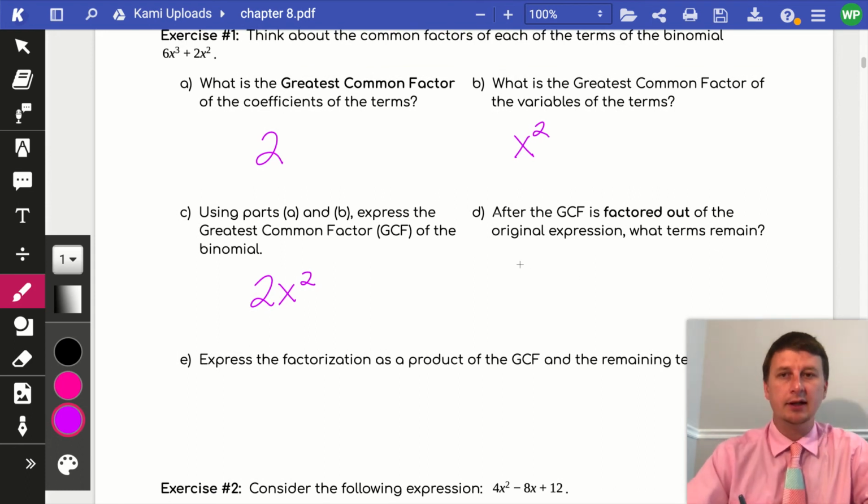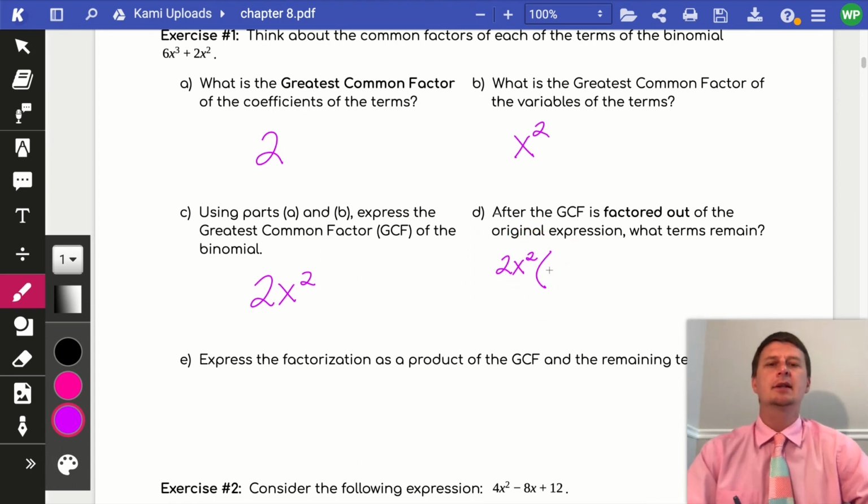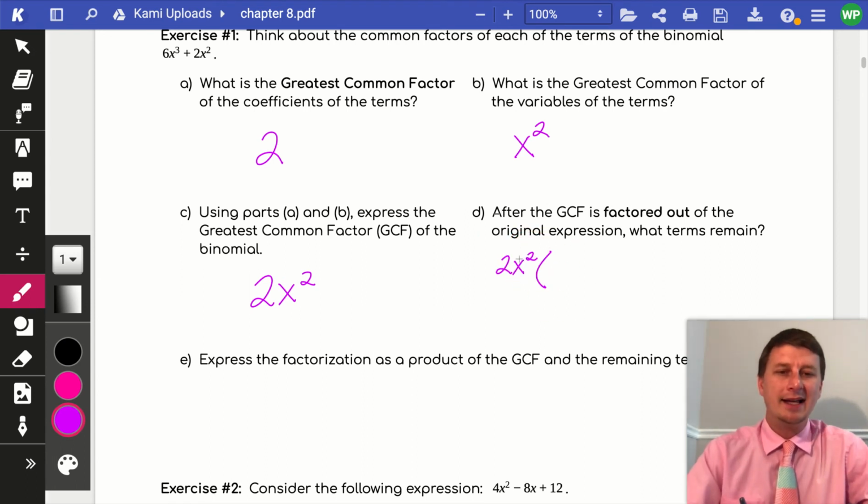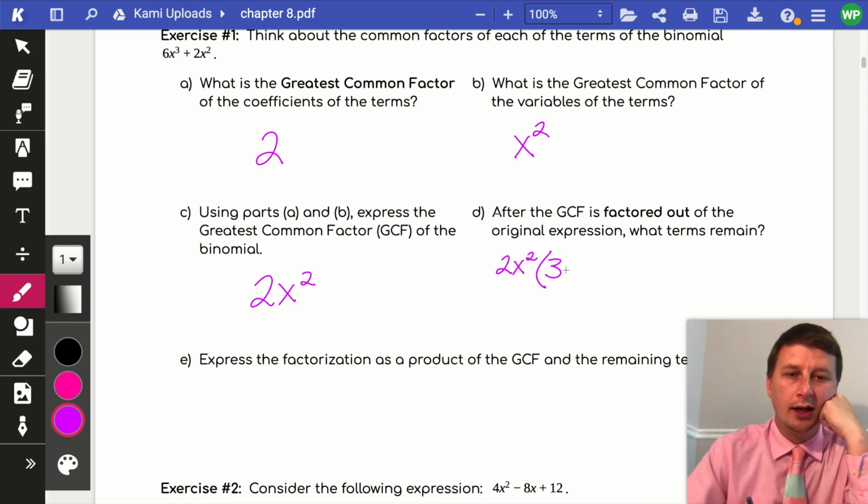And I like to look at it the way where I'm going to write 2x squared as my GCF outside a set of parentheses. And then I'm going to ask myself, what do I have to multiply 2x squared by to get 6x to the third? Well, I need a 2 times 3 to get 6. And then x to the second times what will give me x to the third? And the answer is x to the second times x will give me x to the third.